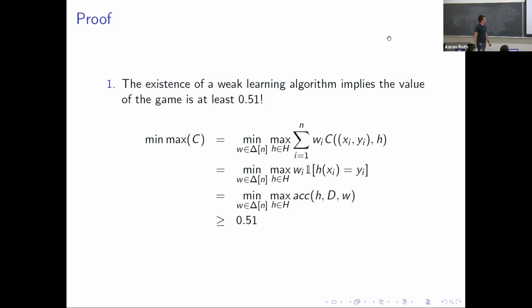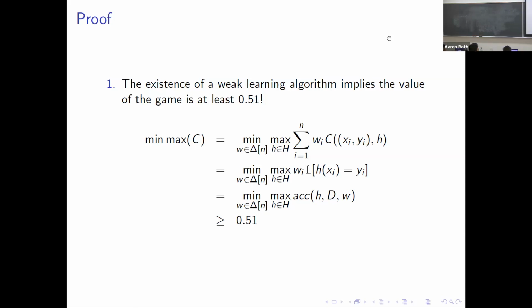That predicts a little bit better than a coin flip, that gets accuracy 51%. So in particular, for whatever weighting the data player chooses to play, if they go first and tell it to us, one way we could respond was by just feeding that weight vector into our weak learning algorithm. And the weak learning algorithm has the promise that it will give us a hypothesis that has weighted accuracy at least 51%. And so the min-max value of the game can only be bigger than that. Does that make sense?